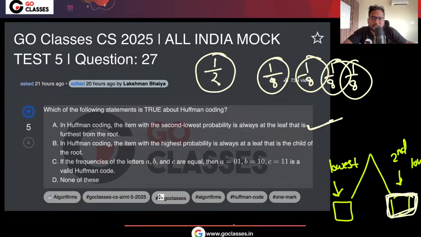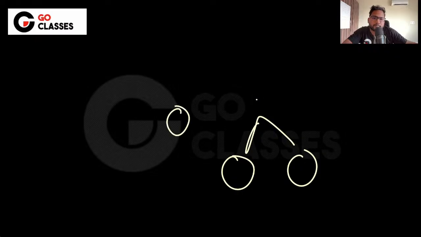In this case, it could be like this. But let's suppose you can merge these two, and then you can merge these two, and then maybe these two, right?